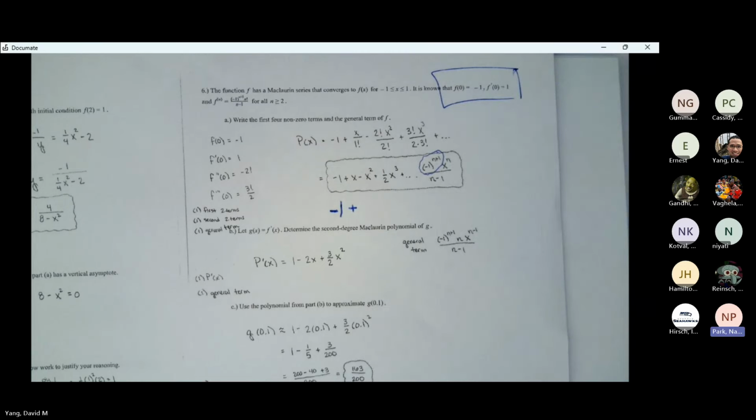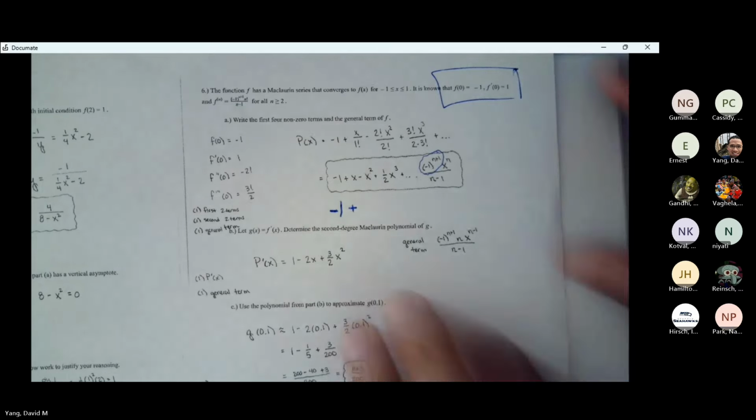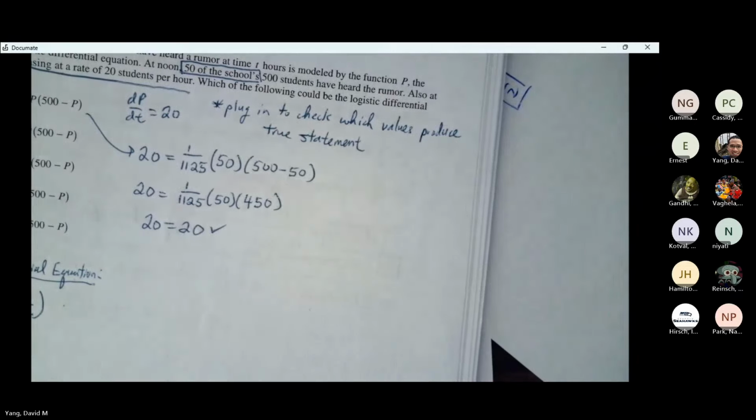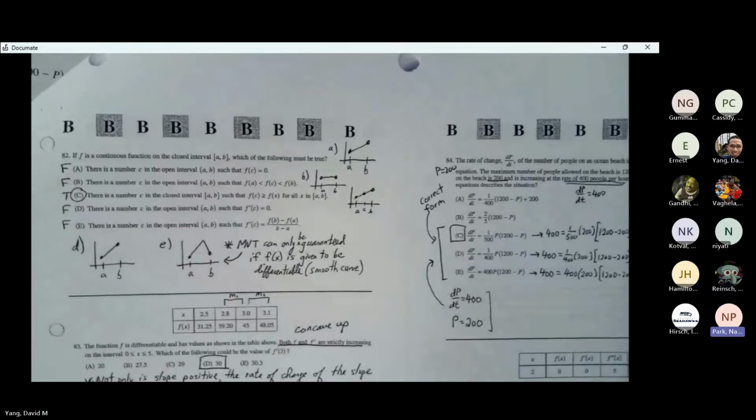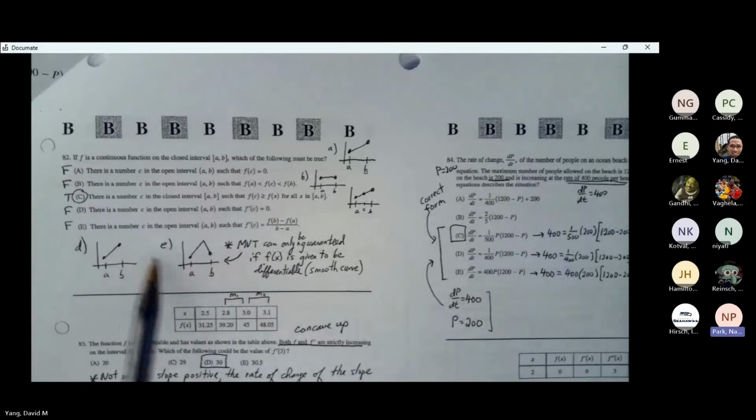Can I also ask a question on packet 6? Sure. On page 33, number 82. This one here. I just don't really get how you know that C is going to be higher.